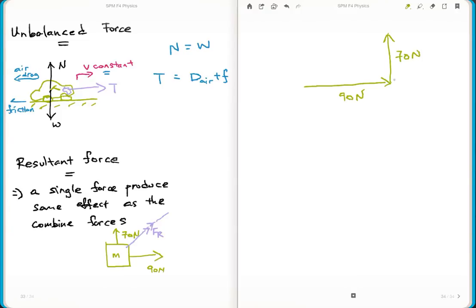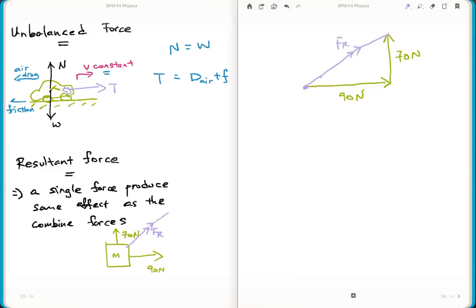Then the resultant, you connect from here to here. It's like you start from here, walk to the right, and then walk up, where you end up here. So this is the resultant force.